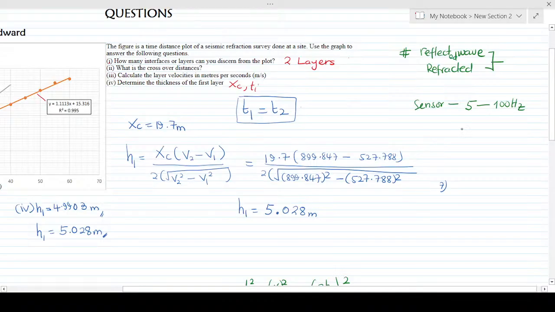Then for reflected wave, it can sense from 10 to 150. So if you want to undertake reflection seismology, you make sure the wave that you generate exceeds 100 hertz. When it exceeds 100 hertz and there is refraction, the geophone is not going to record it, but it's going to record that of the reflection.